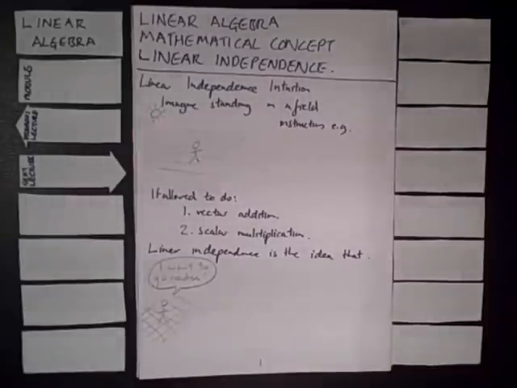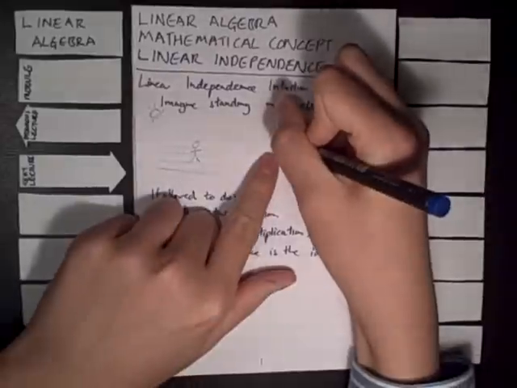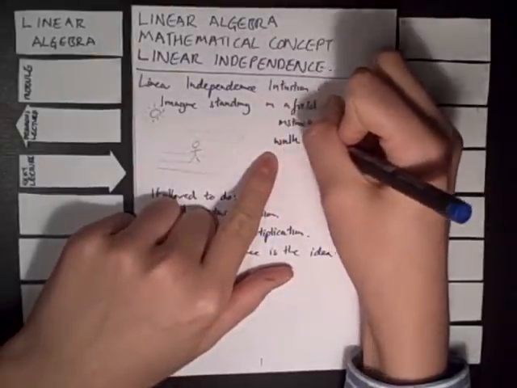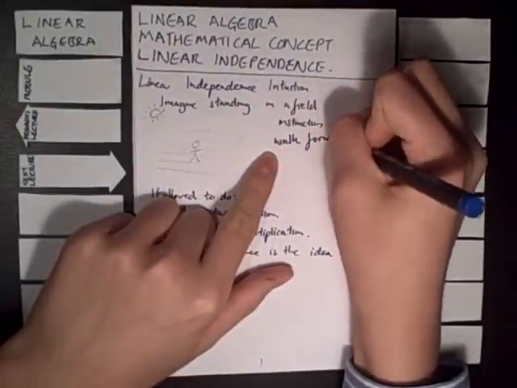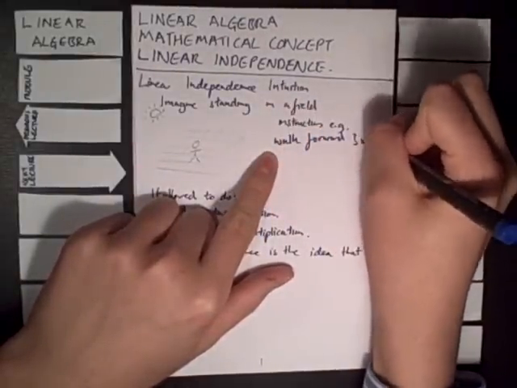To do this, we're going to consider a slightly bizarre analogy. Suppose, for instance, that you are standing in a field. You have with you a bag of instructions or directions that tell you where you're allowed to walk. E.g., one instruction might be, walk forward 3 steps.